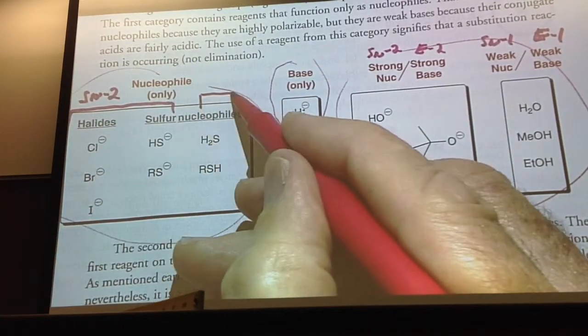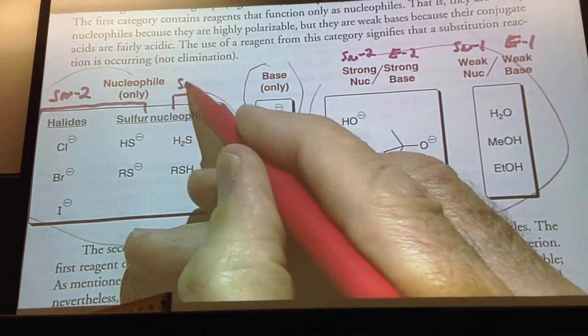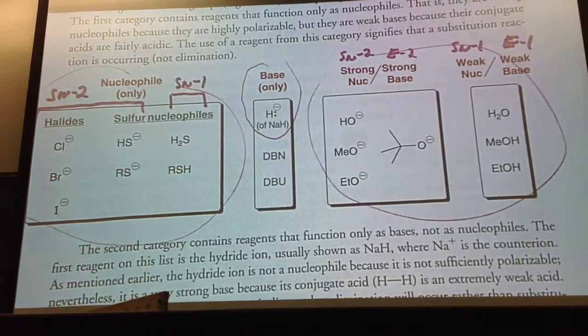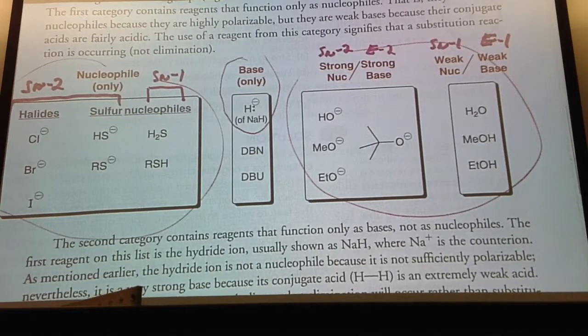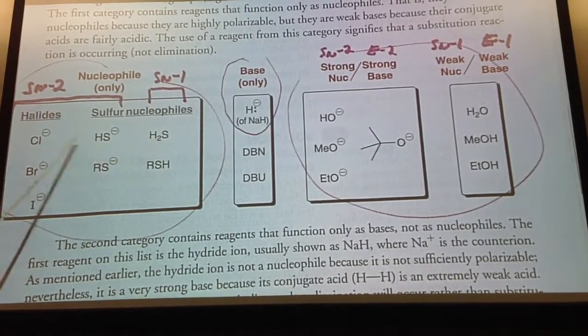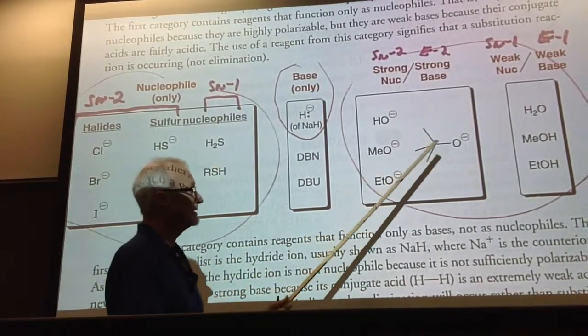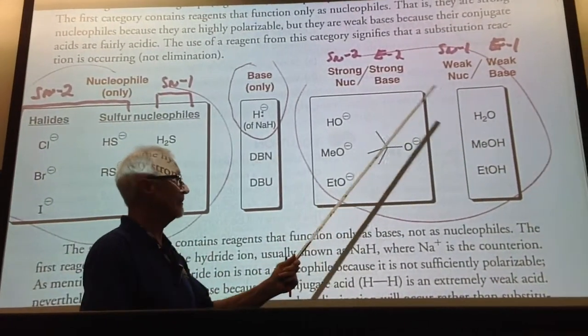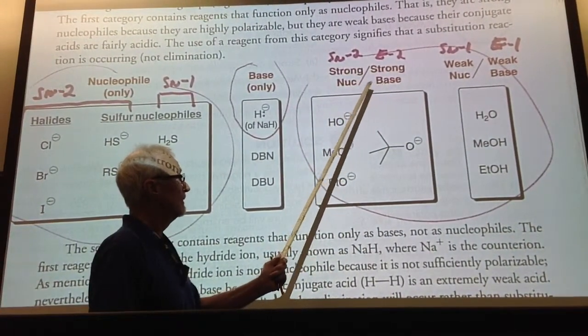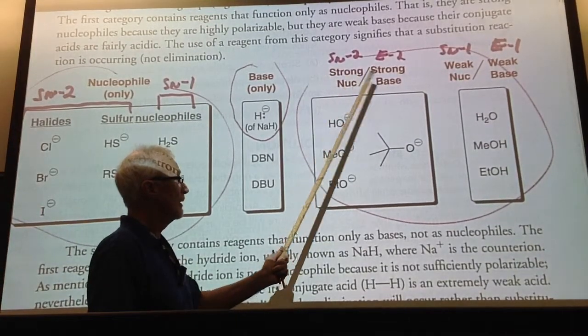These guys, they tend to go by the SN1. Okay, so if you see a reaction with these guys, substitution is taking place. If we see a reaction with these guys, who knows? It could be substitution or elimination.